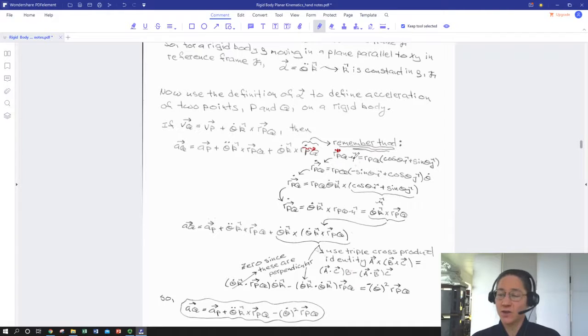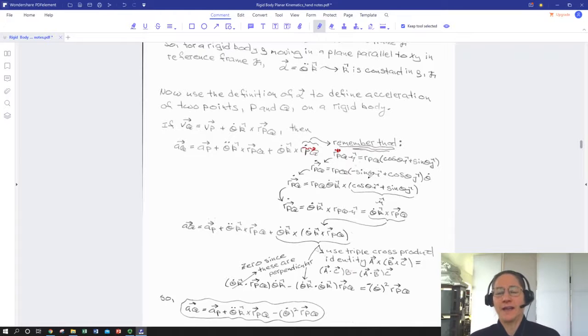This is the unit vector U. And this was the one that we used to define the angle theta of the body's rotational angle versus the reference frame. That was what was moving and ended up defining our rotational position, velocity, and acceleration.